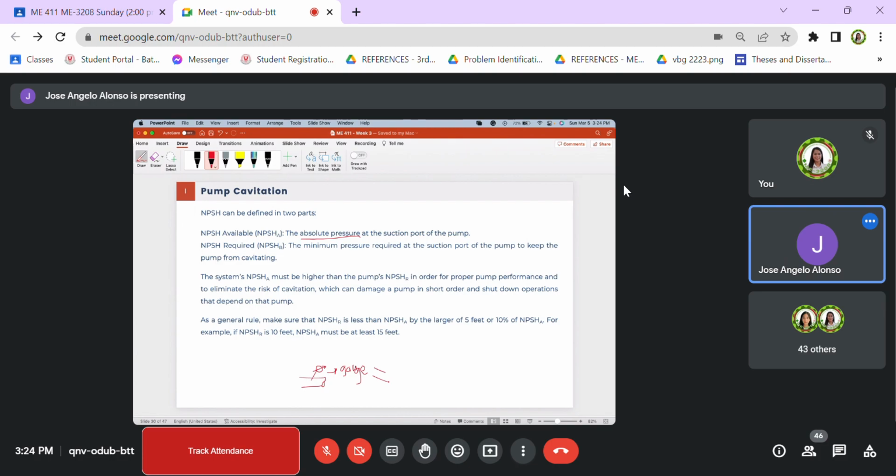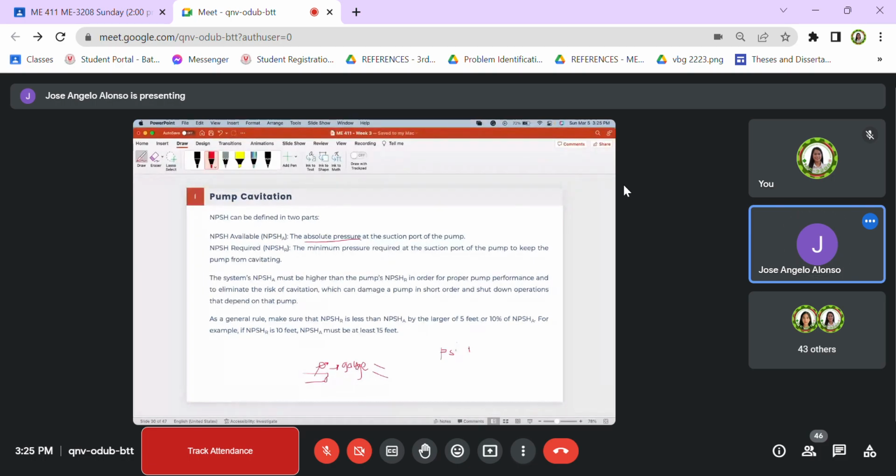Okay. So kapag ang pressure natin is in PSI, then we need to add 14.7 sa ating gauge pressure to make it absolute pressure.